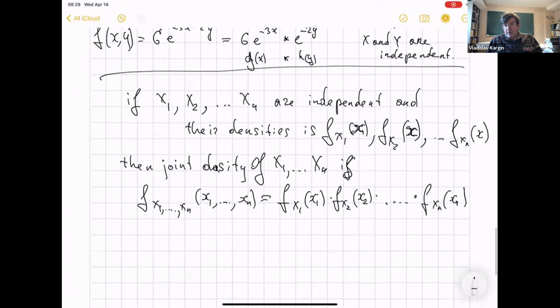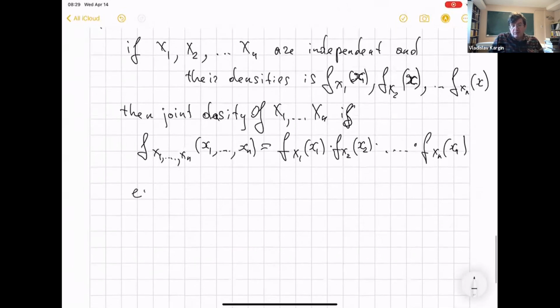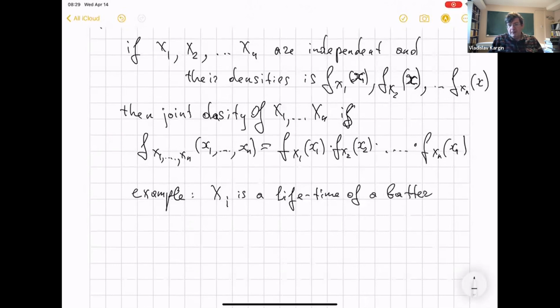So here's an example. Say Xi is the lifetime of a battery, and you assume that you have a sample of these batteries.